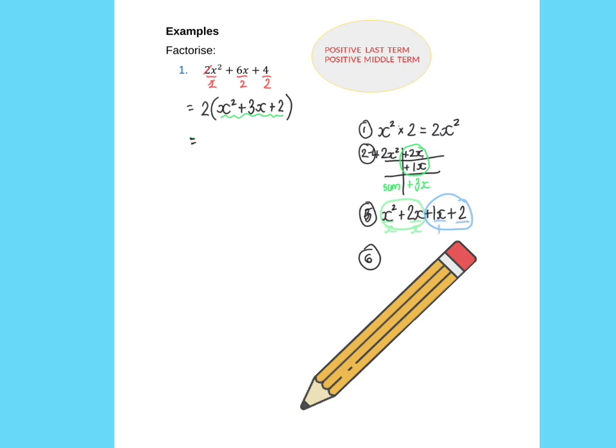There's a common factor of 1 in both 1x and 2 from the second group. So x is my common factor from my first group. Then remaining, I will have x squared divided by x is x for my first term, and then 2x divided by x, the x's go away and positive 2 remains.